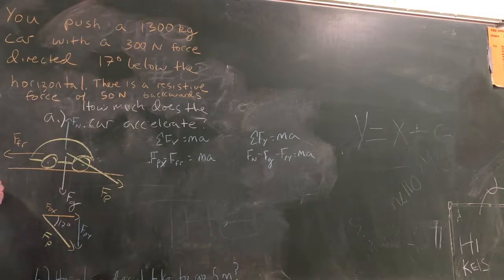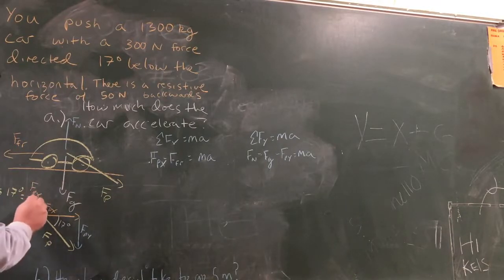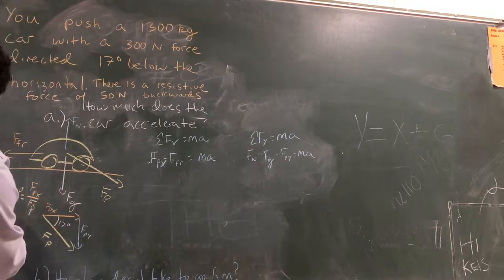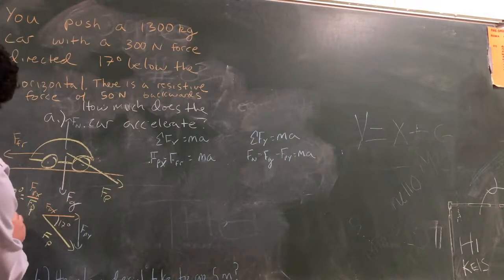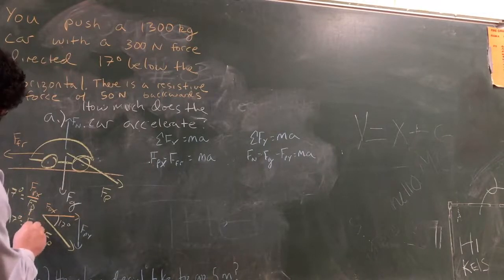And the cos of 17 is going to be Fpx over Fp. So just solving for Fpx by itself, I'm just going to multiply both sides by Fp, and I get Fp cos 17 equals Fpx.